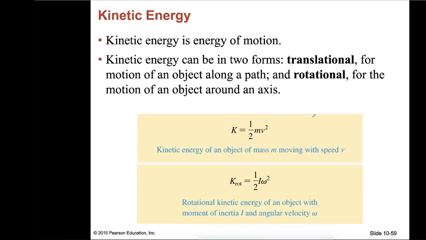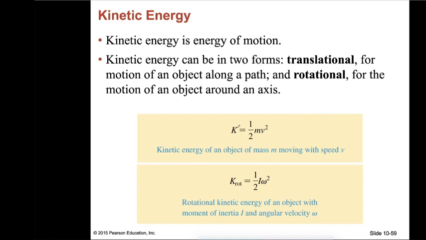Now, we have learned work, and then let's learn several different types of energy and how to calculate energy. The first type of energy is kinetic energy. Kinetic energy is energy of motion. Kinetic energy could be in two forms, translational or rotational kinetic energy. In this course, we only consider translational energy.